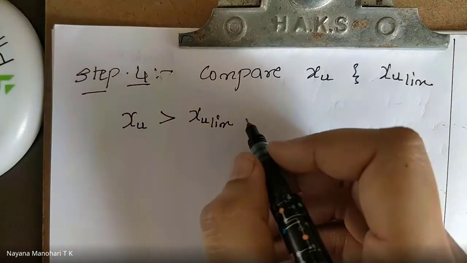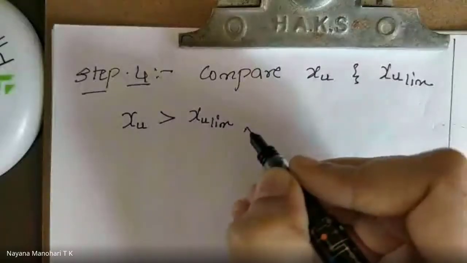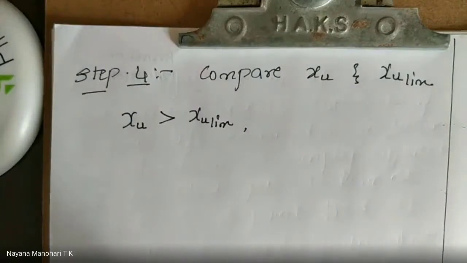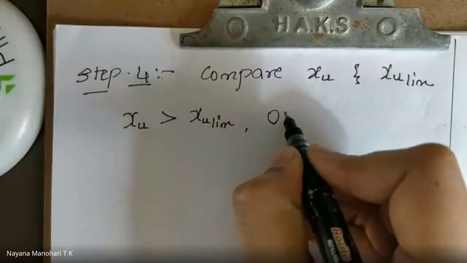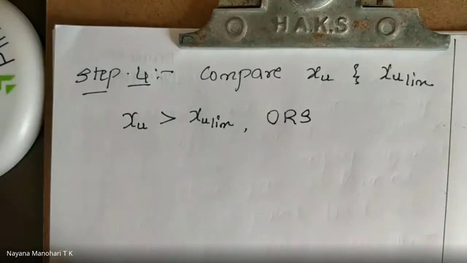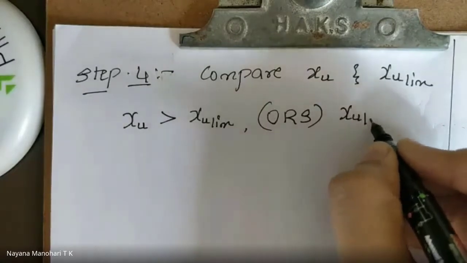When XU is greater than XU limit, the section is what? What is that section? That section you call it as what? Over reinforced section. If it is over reinforced section, you need to replace XU by what? XU limit.